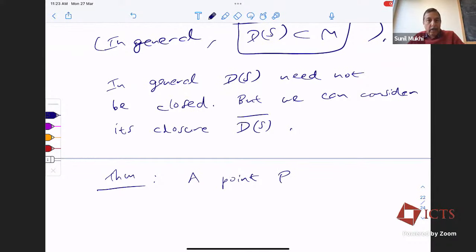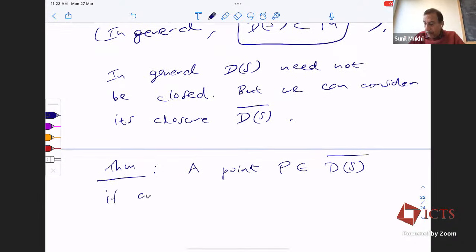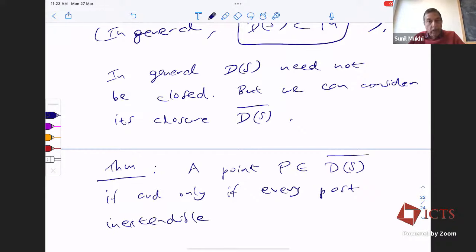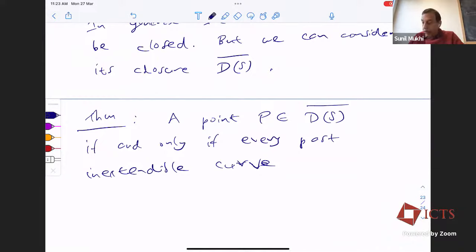Given an a-chronal set S, a point P lies in the closure of D of S if and only if every past inextendable curve through P intersects S.